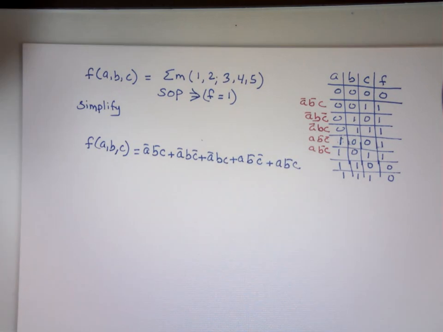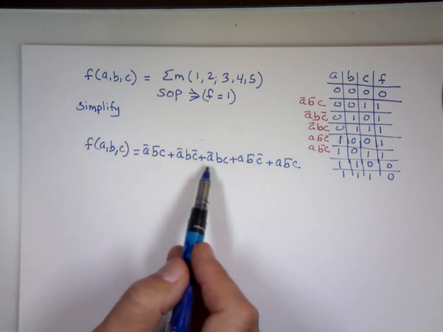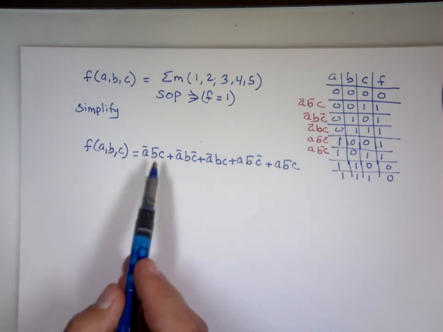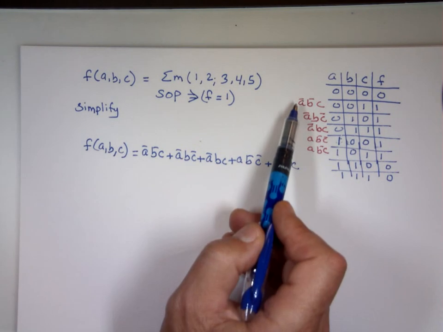They just don't want to write all that stuff. They just put it in that format. It's the sum of these products. And for the answer to be 1, that means one of them has to be 1. Well, this guy will be 1 when A is 0, B is 0, and C is 1. Boom, got a 1.